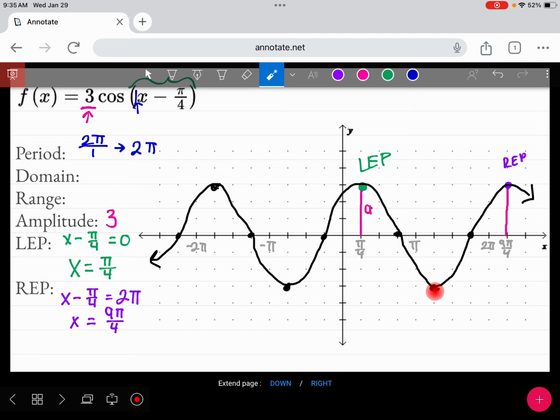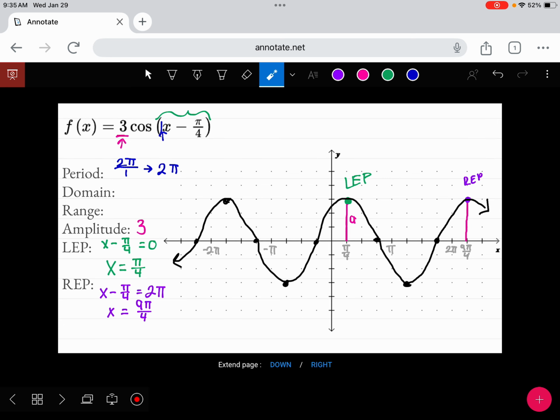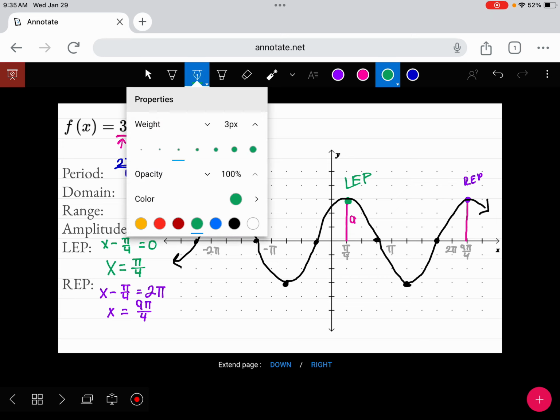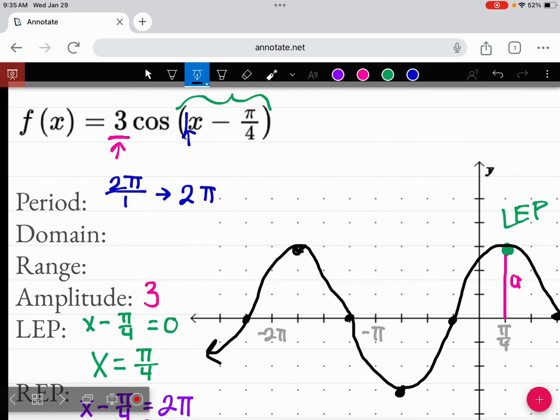Or in this case, 3, 0, negative 3, 0, 3, 0, negative 3. We just have to find the way our brain pieces that pattern together and go from there. So our domain is negative infinity to positive infinity, and our range is negative 3 to 3 with brackets.